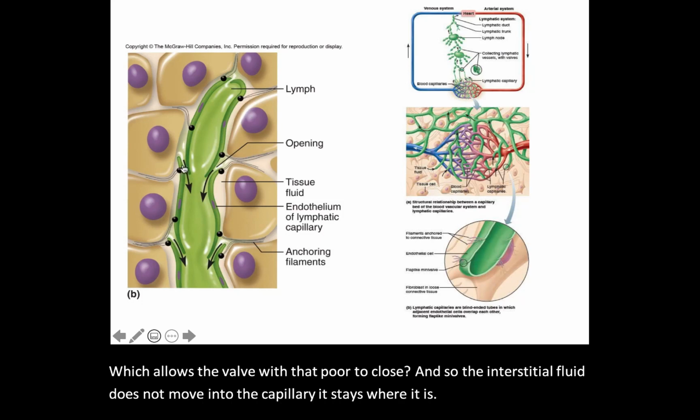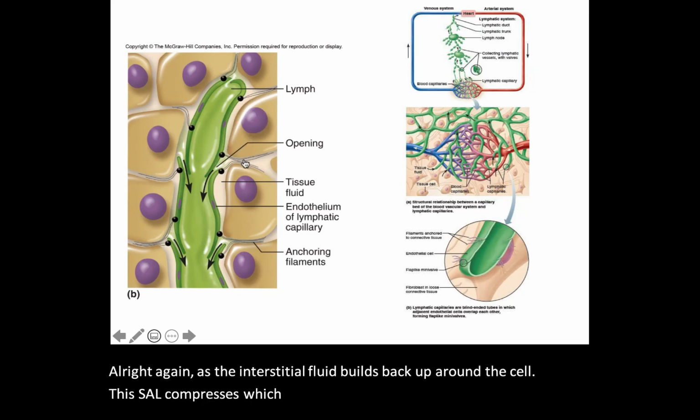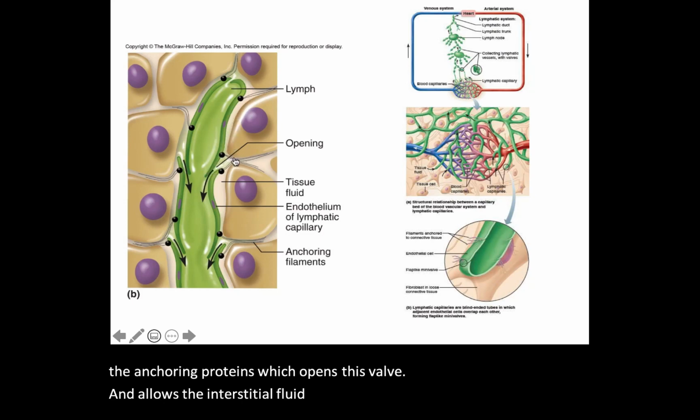All right. And again, as the interstitial fluid builds back up around the cell, this cell compresses, which pulls on the anchoring filaments, which pulls on the anchoring proteins, which opens this valve and allows the interstitial fluid to move from the interstitium into the lymphatic capillary.